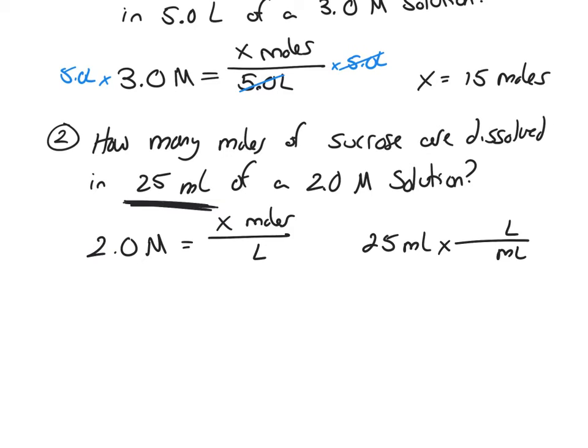Remember that conversion, our base unit, liters, gets a 1, and milli is 10 to the third, or 1,000. So this equals 0.025 liters. And we can put that up here into our liters.